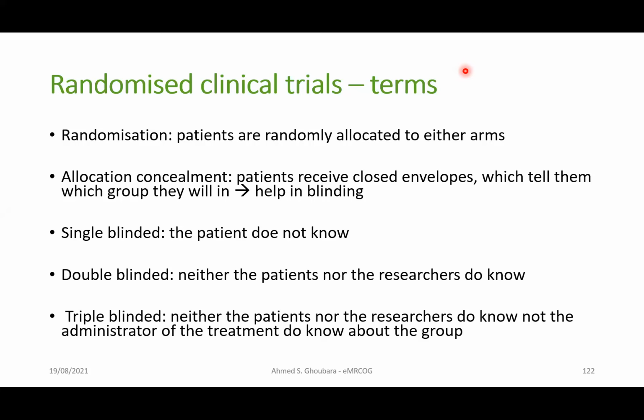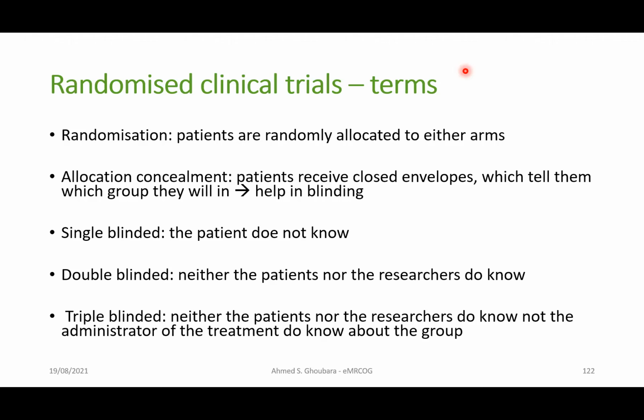No, I roll the dice, for example, randomly choosing. Now we have many computer programs that can generate a random number sequence for each patient. So I'll randomly choose patients into either arm.